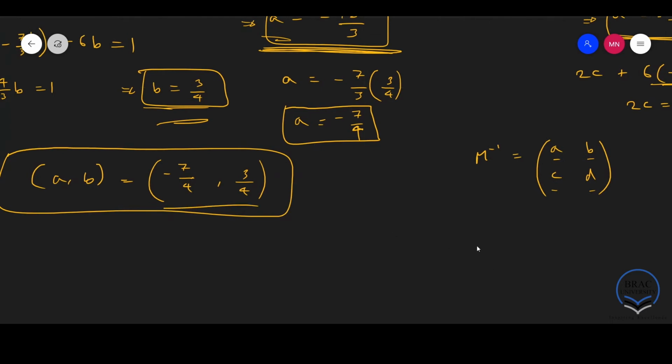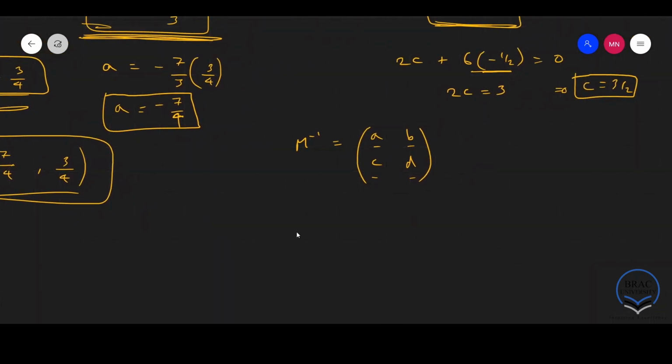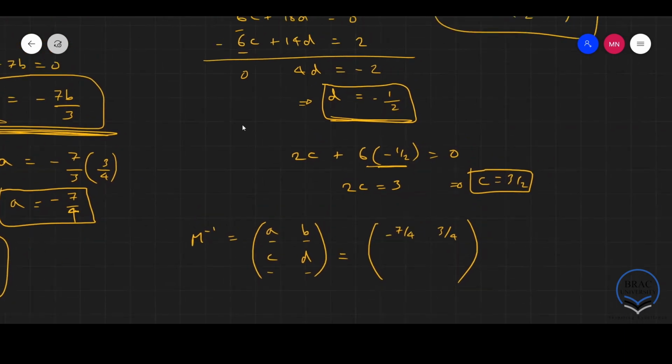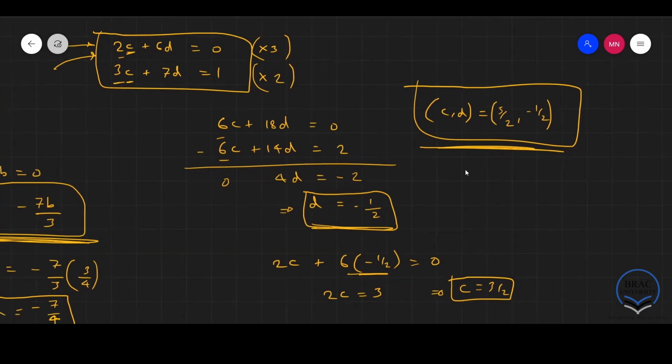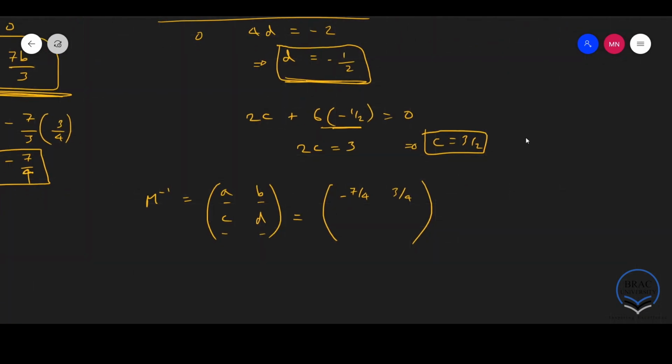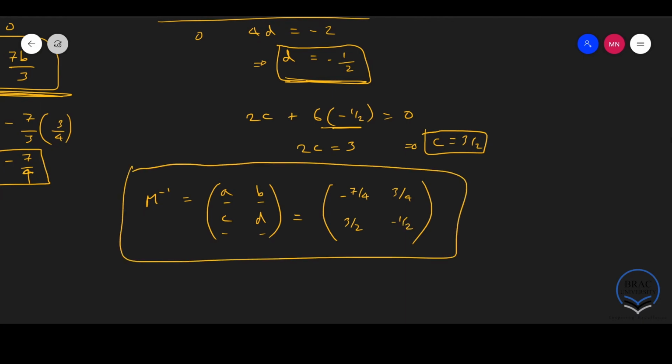We have A and B here: A is minus 7 by 4, and B is 3 by 4. And then we found C and D, which are 3 by 2 and minus half. So this is my inverse matrix, right?